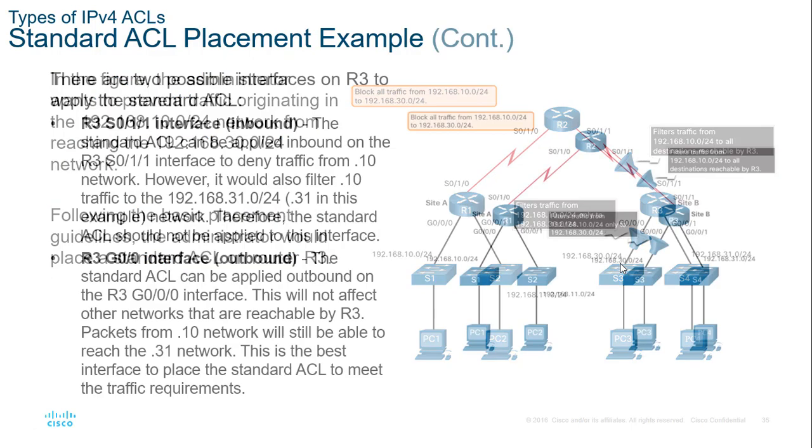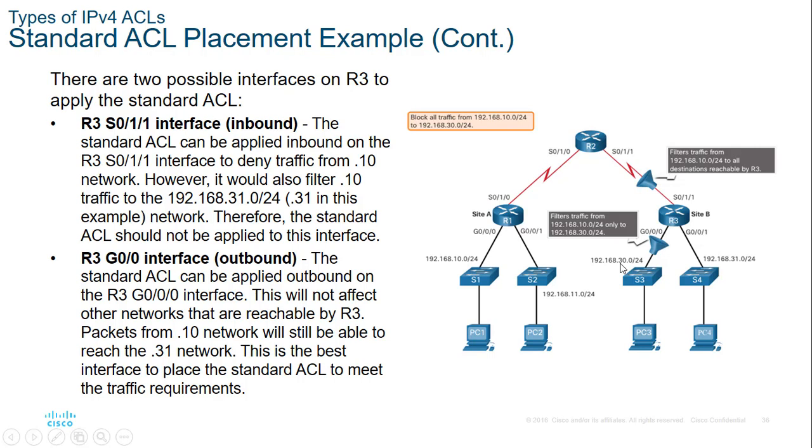Another example, two possible interfaces on R3 to apply a standard ACL. The standard ACL can be applied inbound on the S11 interface to deny traffic from the 10 network. However, that would also keep us from getting traffic to 31 if we applied it there. So obviously here would have been our best spot.